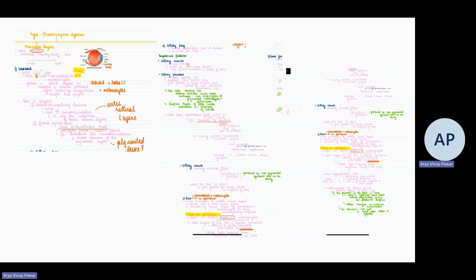These melanocytes form a black layer in the choroid, and this ensures that the light only enters the pupil and not anywhere else. So in one line, choroid is loose connective tissue with melanocytes.